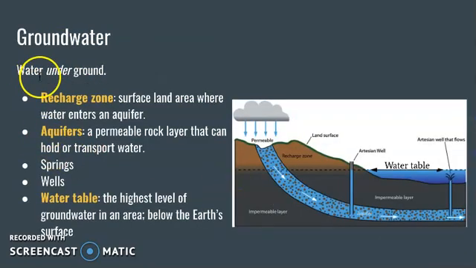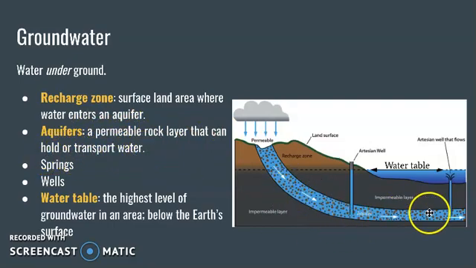So groundwater, like I said, it's the water underground. There are some specific types of groundwater. The recharge zone is the surface land area where water enters an aquifer. So here's the recharge zone. It's where water is going into an aquifer. An aquifer is this thing right here. It's a permeable rock layer that can hold or transport water.